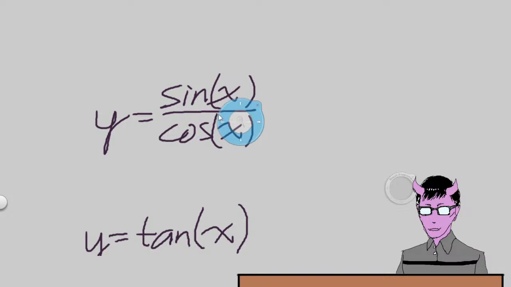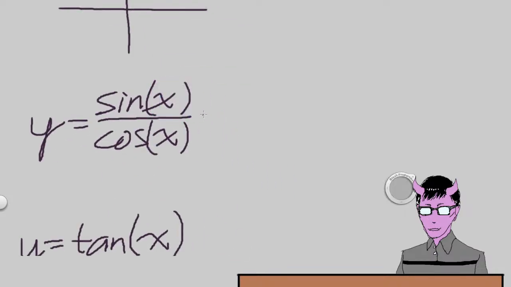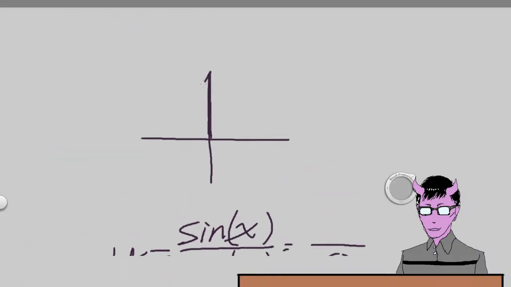Considering quadrantal angles, in what situations do we generate 0 on the bottom? If we hit quadrantal angles right here, upwards, or the downwards collapsed triangle. So in other words, pi over 2 increments, and negative pi over 2, or positive 3 pi over 2, I should say.